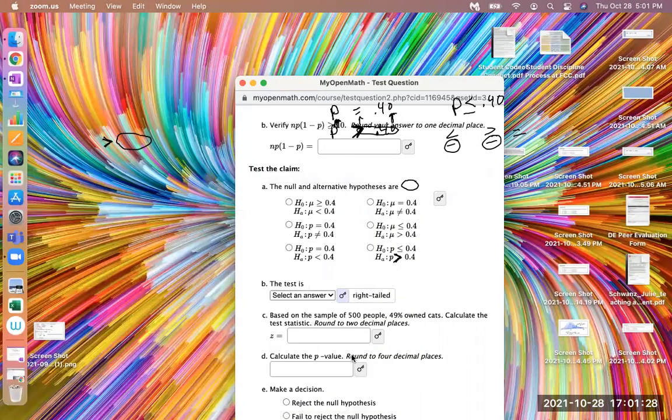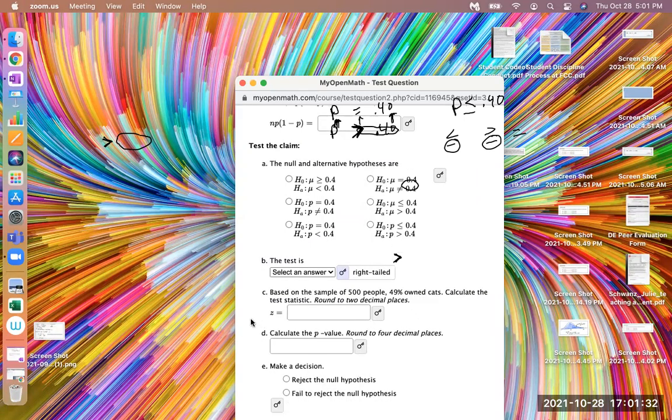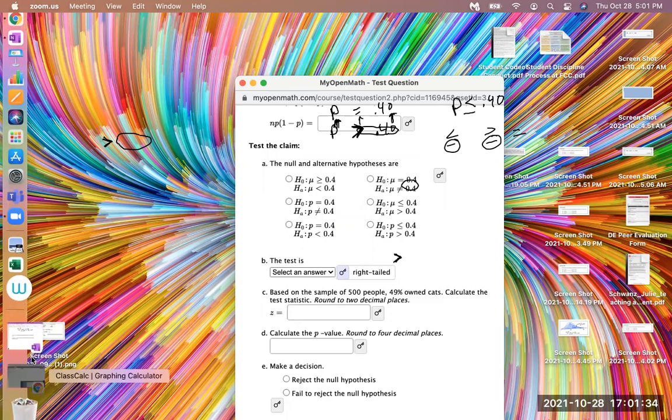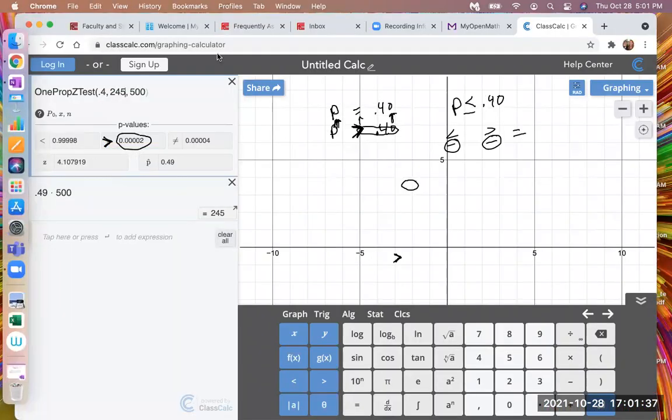So it asked me this Z statistic. And like I said, that's just something that the calculator spits out. Look, there is my Z statistic. It does the same thing on the TI-84 calculator. It just gives you that answer. So you just get those points along with the p-value. So 4.1079.